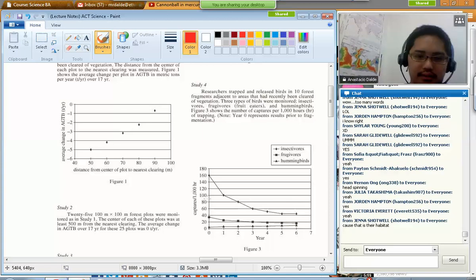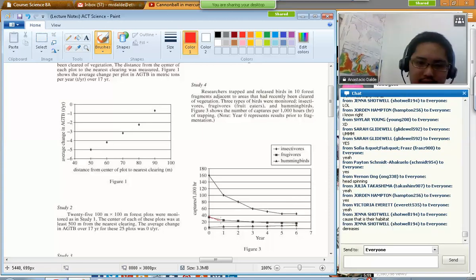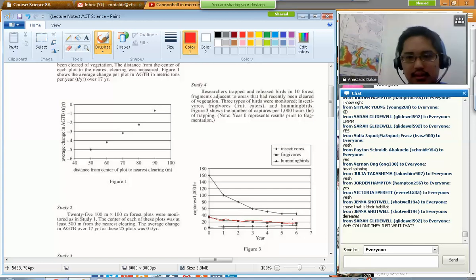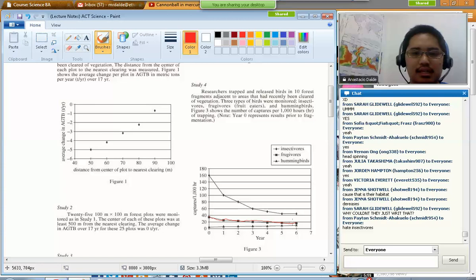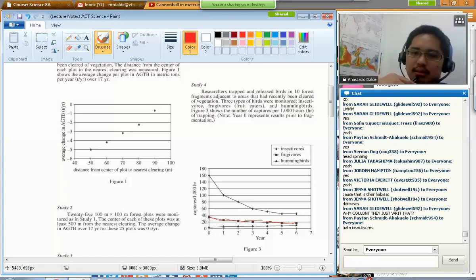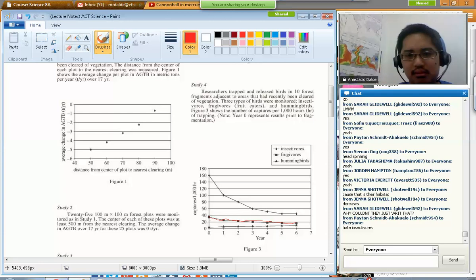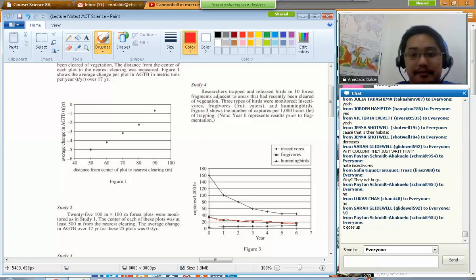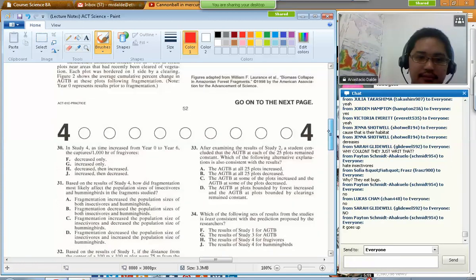If you kill the forest, the frugivores' population goes down. And if you kill the forest, the population of the hummingbirds goes down. Actually, wait. Does the hummingbirds go down? No. Huh. I don't know why. Alright, whatever. It goes up.